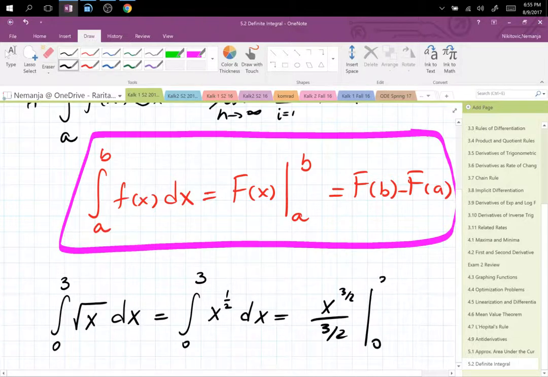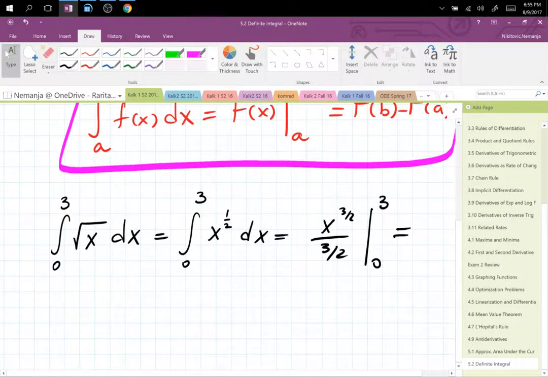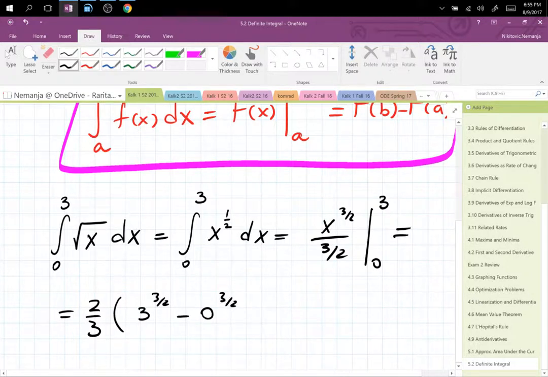But now we have to put this vertical line which says compute from 0 to 3. So the 3/2 in the denominator becomes 2/3, and what I have is 3 to the 3/2 minus 0 to the 3/2. This is the part of F of b minus F of a, by a capital F, the antiderivative. That's the solution to the integral.